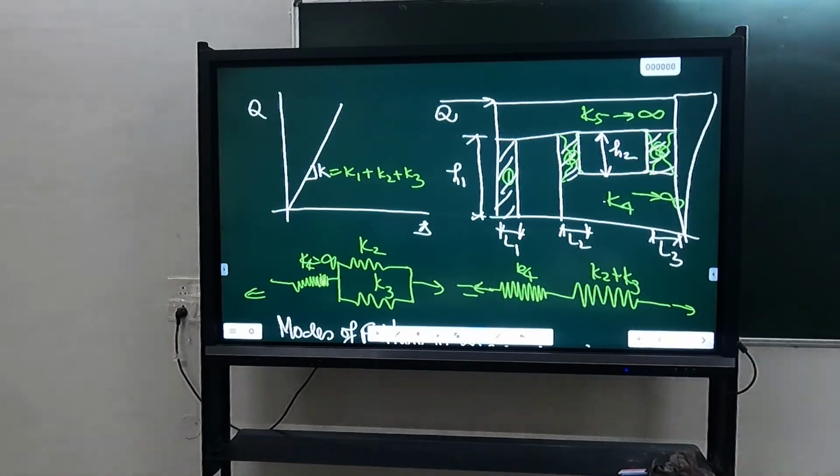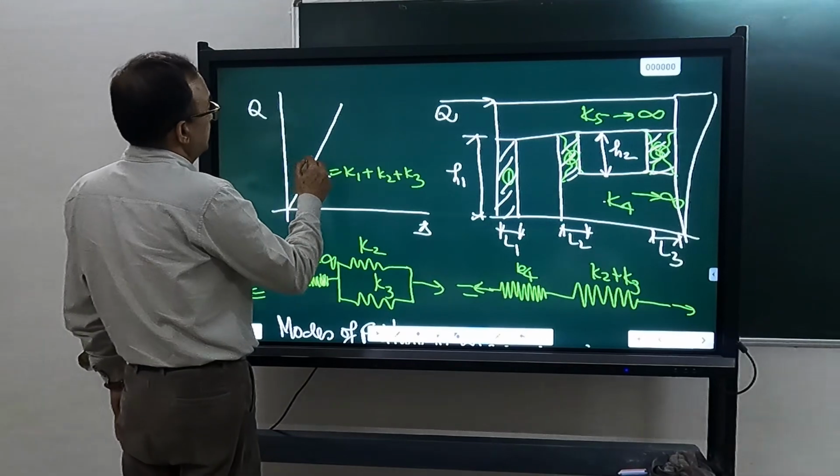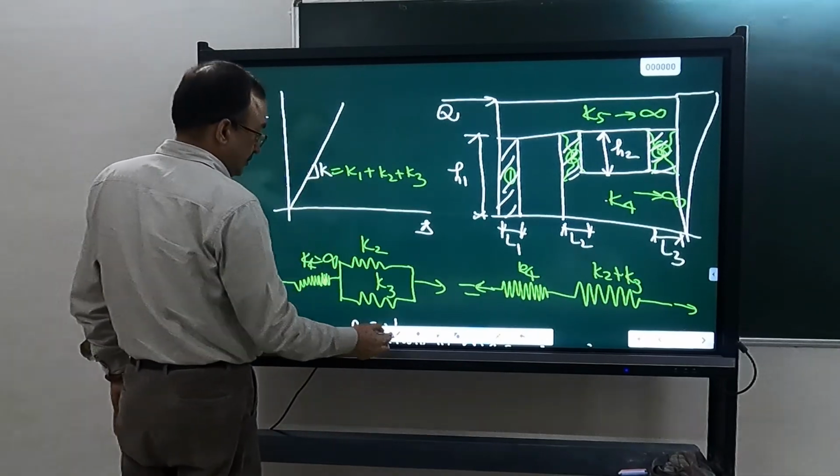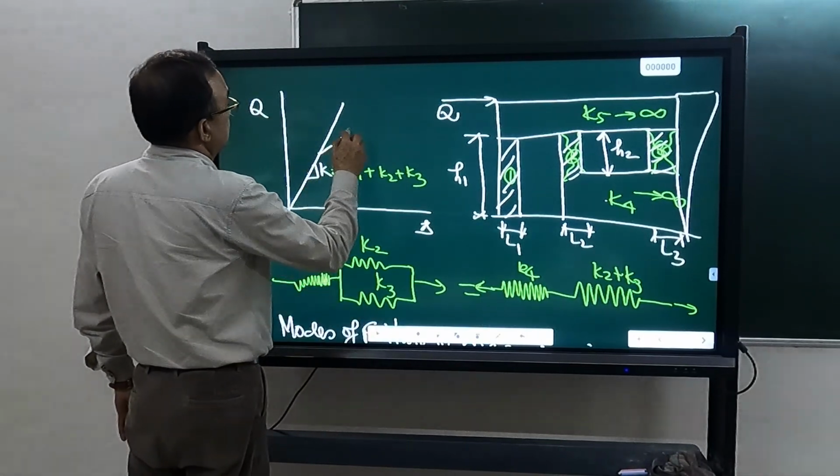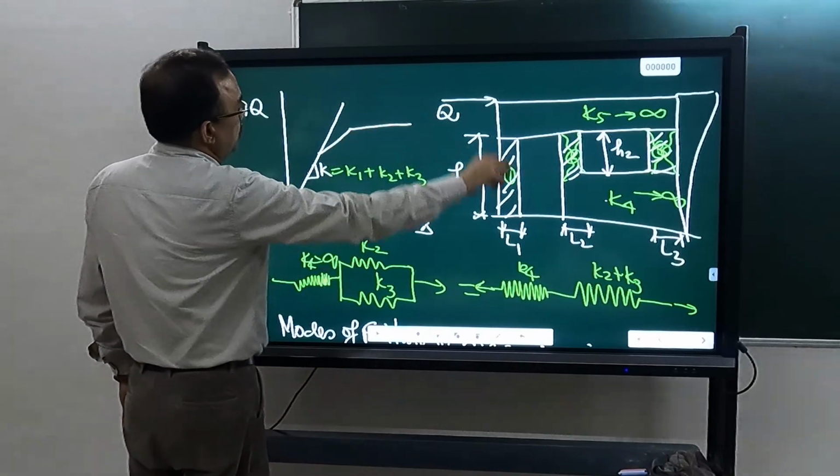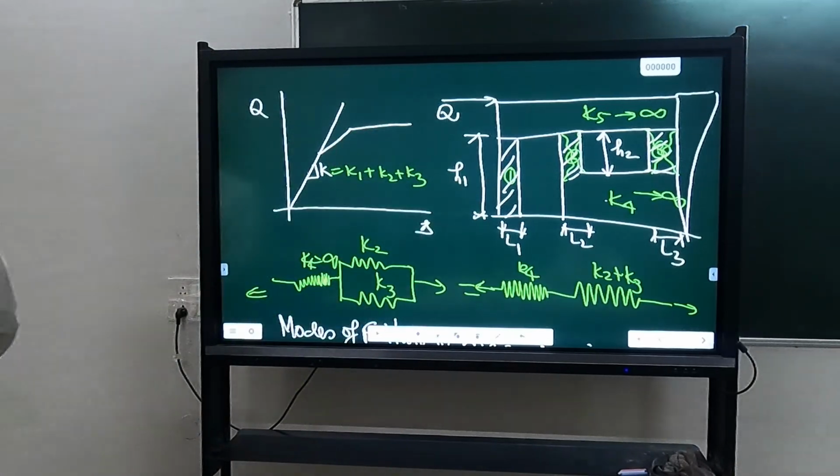For a given displacement, you will take one displacement, calculate the forces, add the forces, then take another displacement, add the forces, go on plotting. That will give you the complete Q versus delta curve for the wall. Same procedure we will use as we have done earlier.